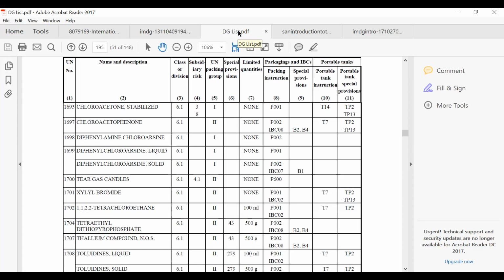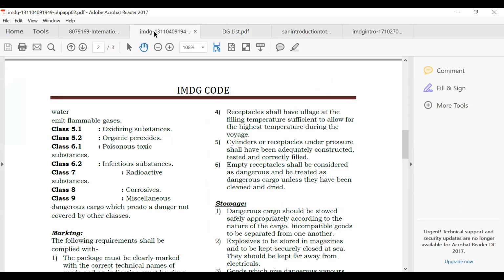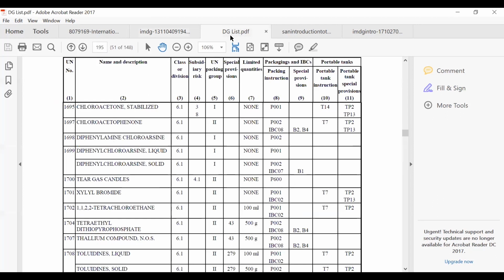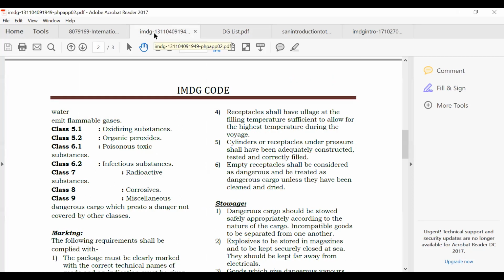So when we say class 6.1, which is poisonous toxic substances, we should know the characteristics these toxic substances have are more poisonous. It conforms to class 6.1, whatever this particular DG item is. Are you following me?